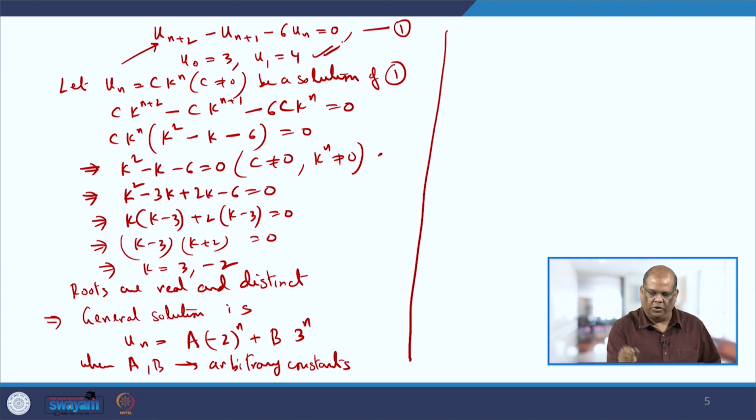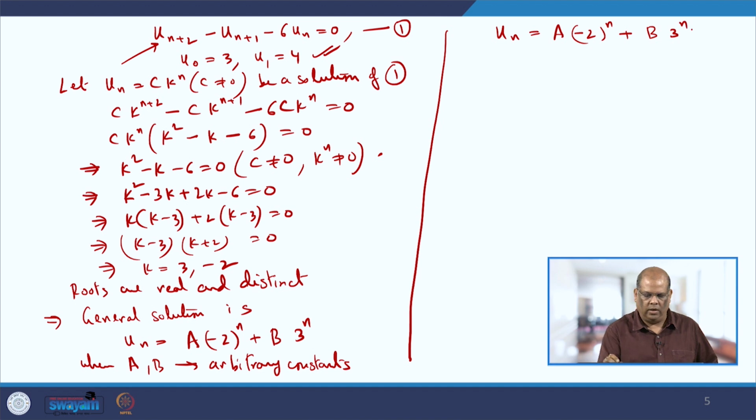Now, these two conditions are given, which we have to use to find the values of a and b. So, you have un equal to a (minus 2) to the power n plus b 3 to the power n. You have u0 equal to 3, which implies a (minus 2) to the power 0 plus b 3 to the power 0 equal to 3, and gives a plus b equal to 3.